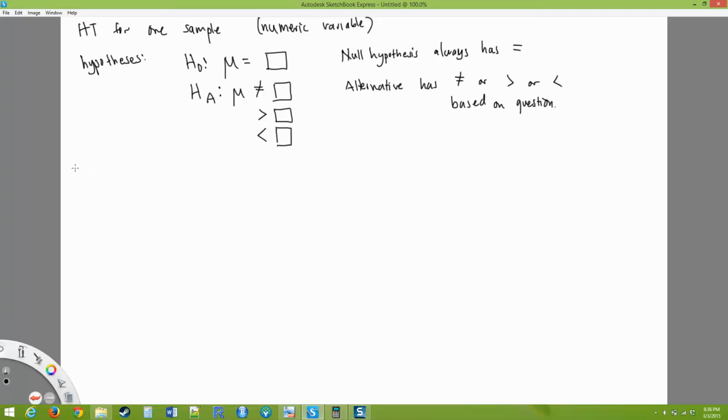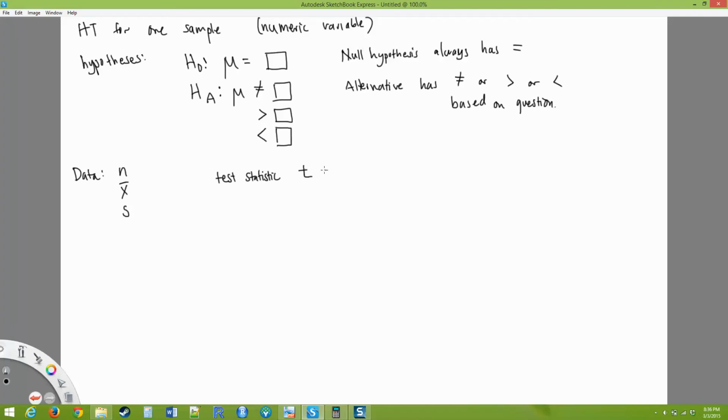So when you look at your data, your sample of data will have n, x bar, and s. And you will come up with your test statistic.